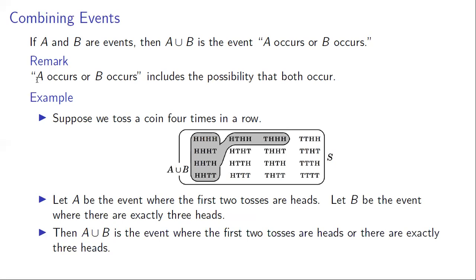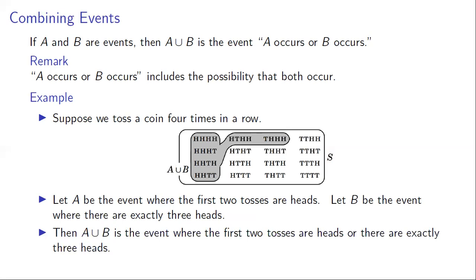So A union B, which represents this idea of A or B, includes the possibility that A and B are both true. In other words, something like HHHT falls into both A and B, and it is included in A union B. So not just things over here that are just part of B, and not just something like here at the bottom, which is just part of A, but it also includes the overlap.